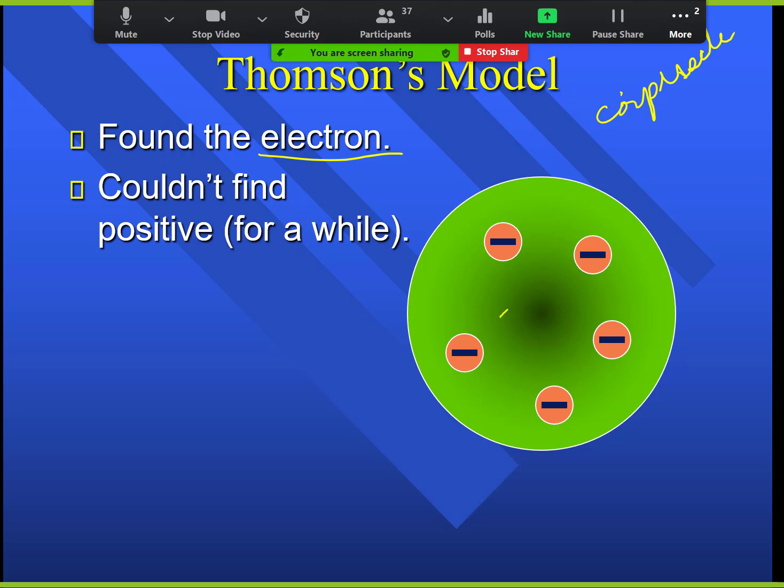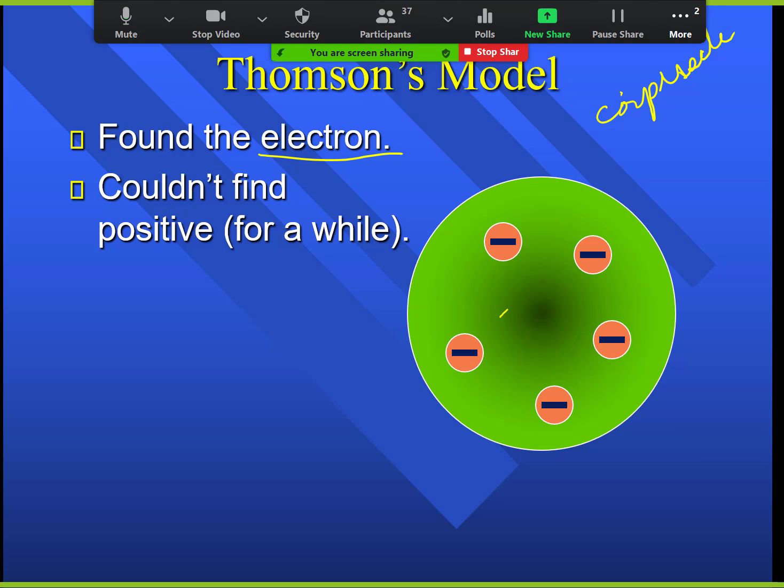Now, he had a problem. He knew the atom was neutral, but he never found any positive pieces. So he got negative pieces, but he couldn't find positive pieces, and yet it's got to be neutral. So Dalton thought we had this solid sphere that you couldn't break.